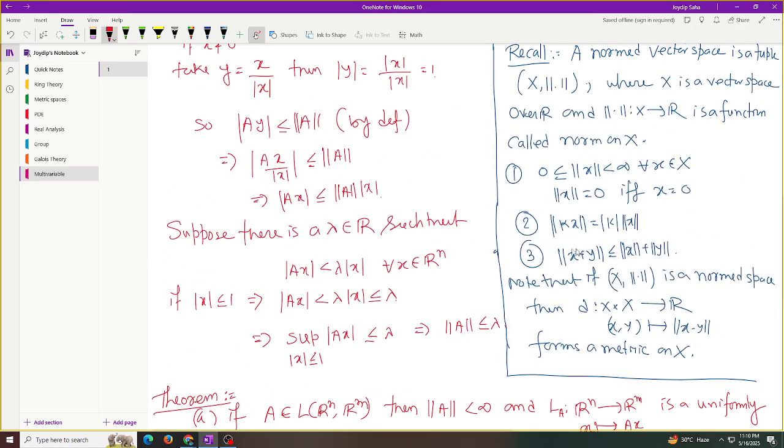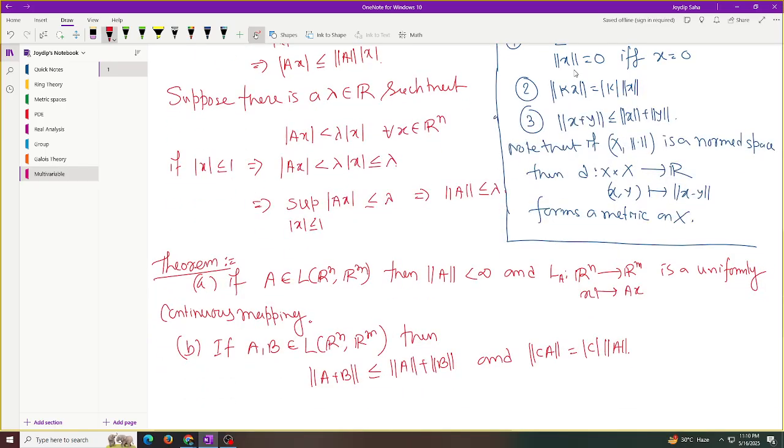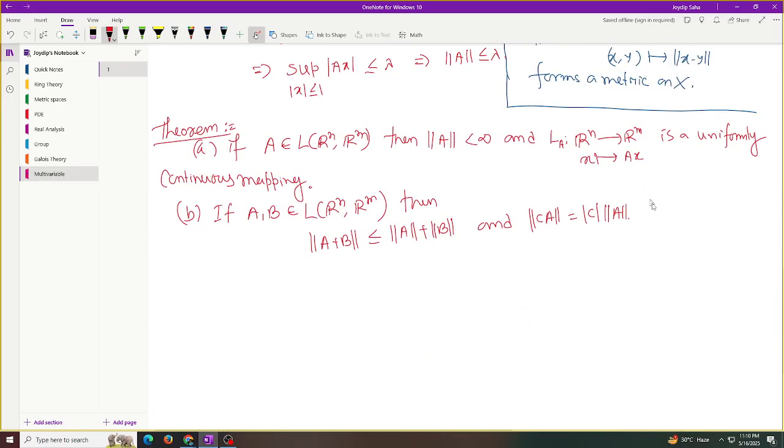That means the triangle inequality, these two properties. First is obvious, these two properties we are checking. Just I can put it as a homework also.